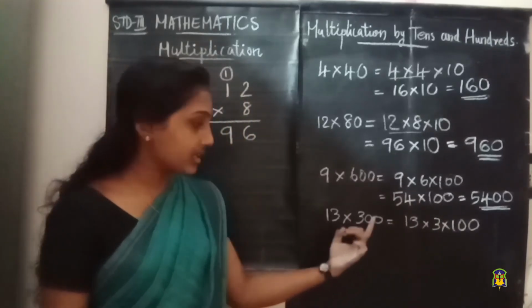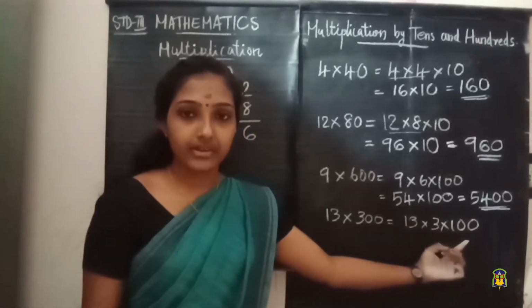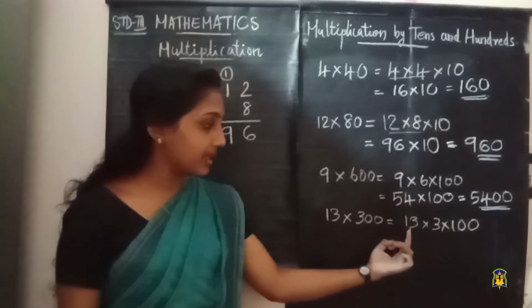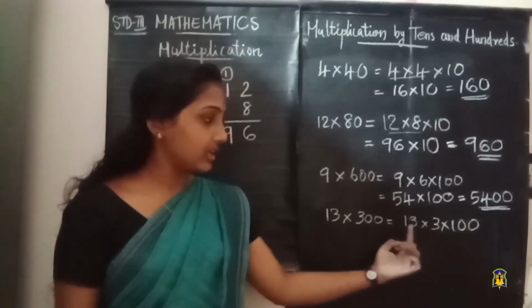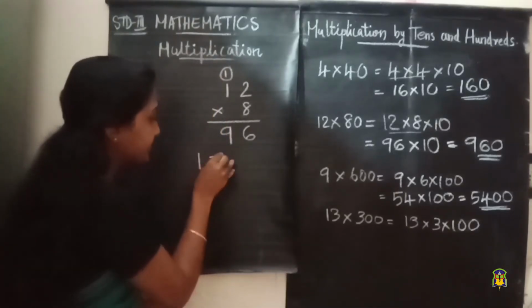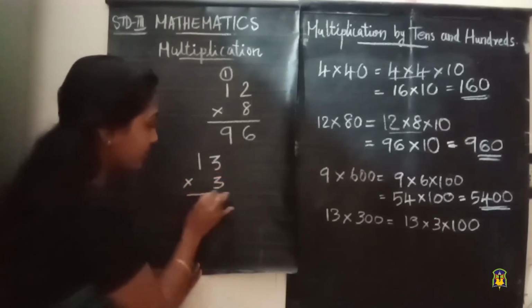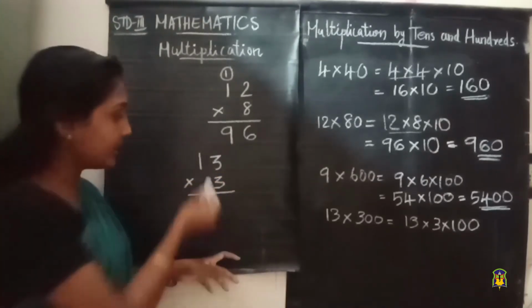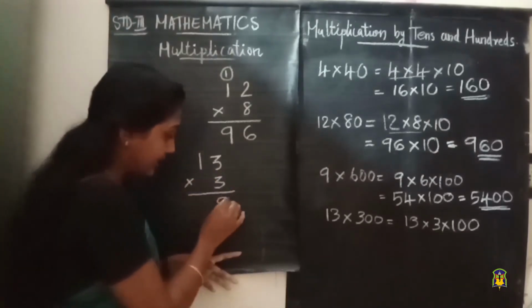Next is 13 into 300. 300 can be written as 3 into 100. First we have to multiply 13 and 3. 3 into 3 gives 9.